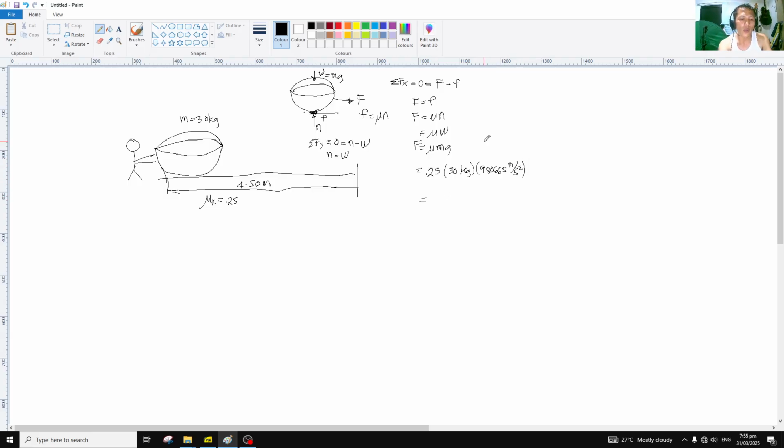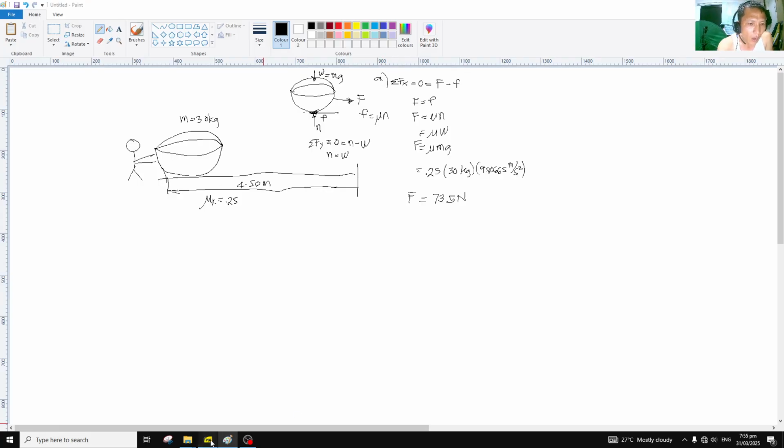By that, you can compute for the force that the worker would apply. 0.25 times 30 times 9.80665 would give us 73.5 kilogram meters per second squared, which is equal to Newton. That is letter A.